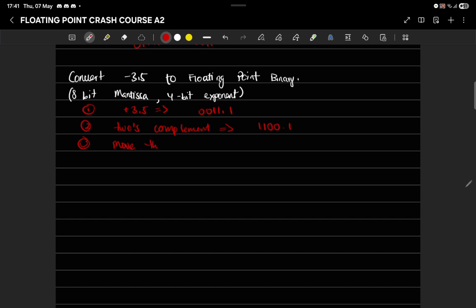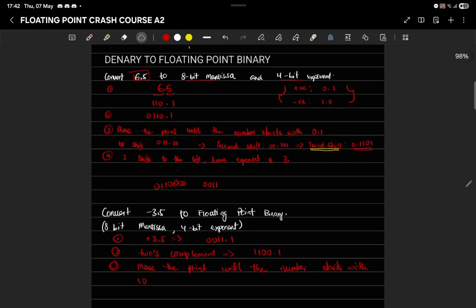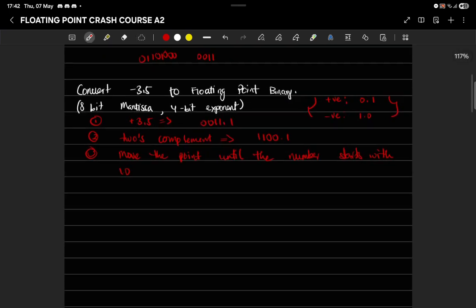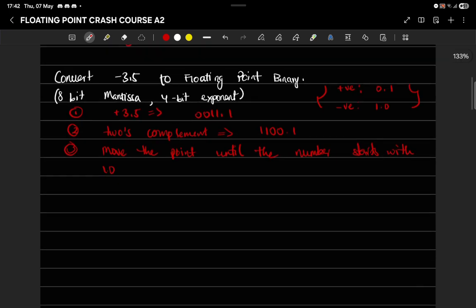So now we move the point until, we're still following this rule here. If we do all the working, we notice that we have to move 2 times in order to get this.